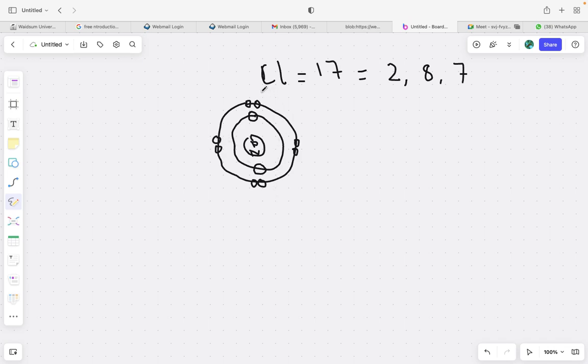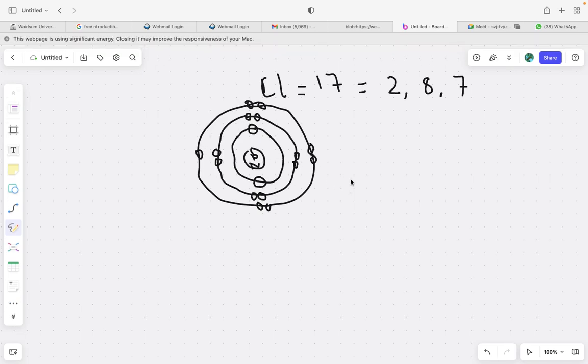The third shell has 7: 1, 2, 3, 4, 5, 6, 7. So it's not a complete 8.